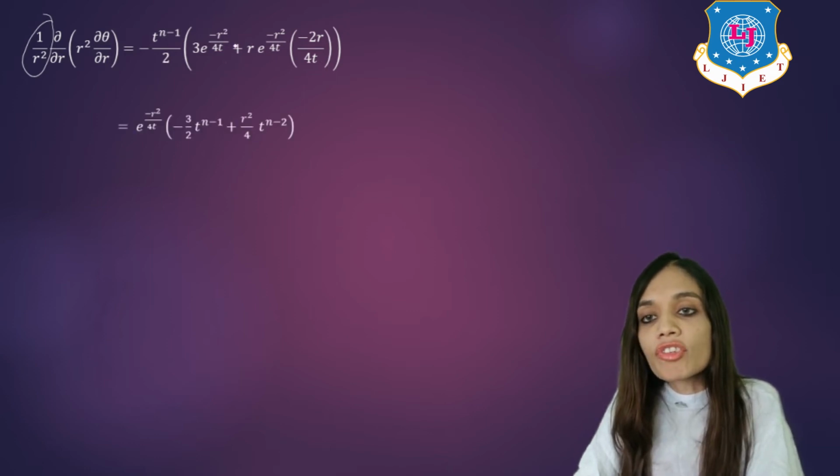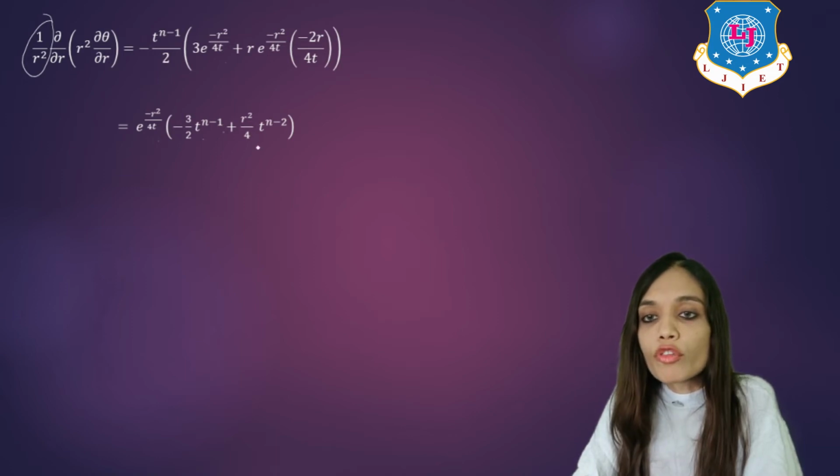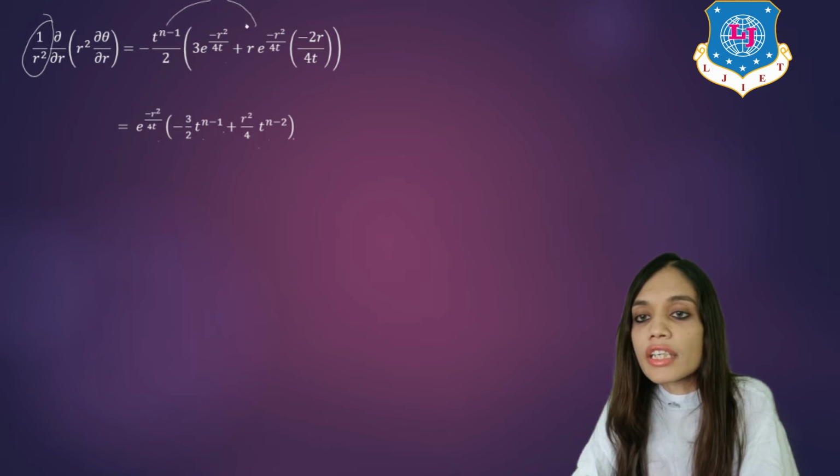Now finally we will take out e raised to minus r square upon 4t common. So you will get answer as e raised to minus r square upon 4t, minus 3 by 2 t raised to n minus 1 plus r square upon 4 t raised to n minus 2. We have taken this inside.